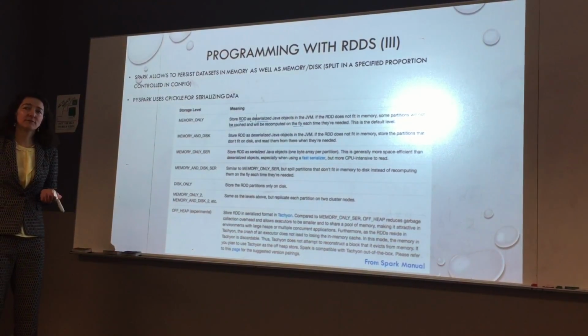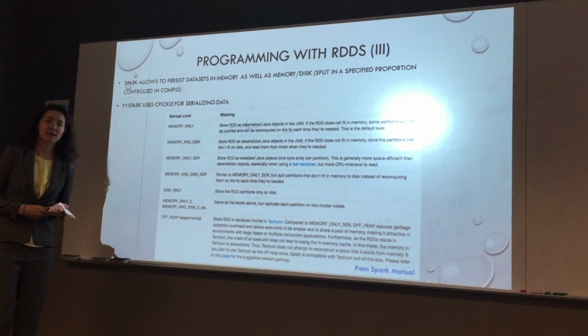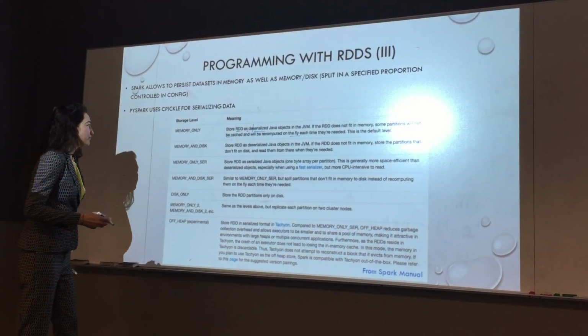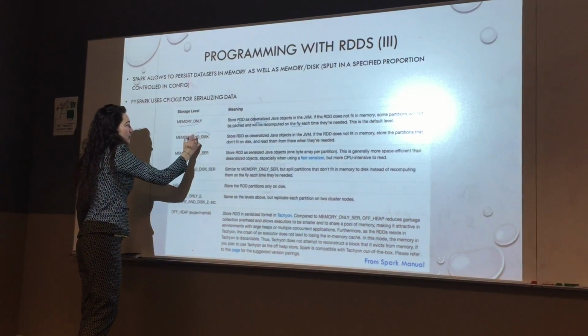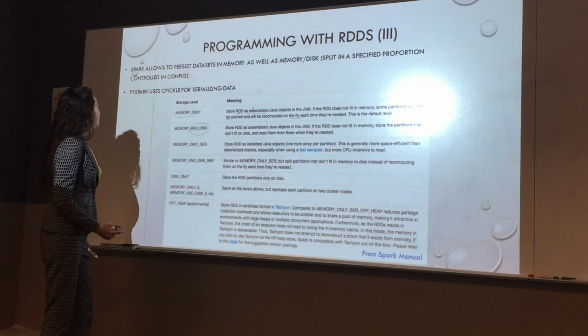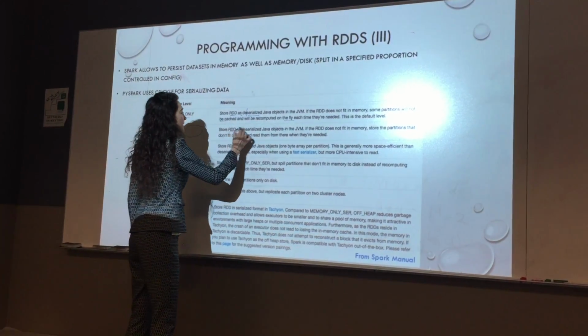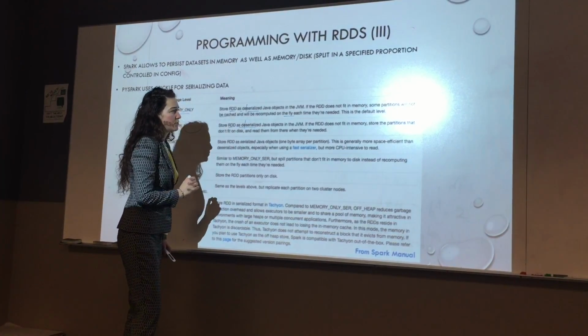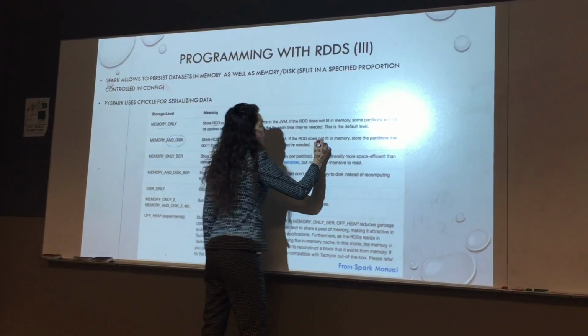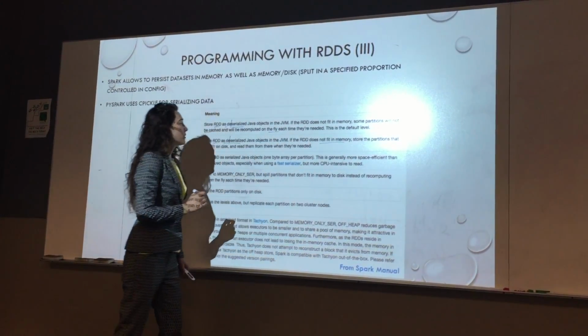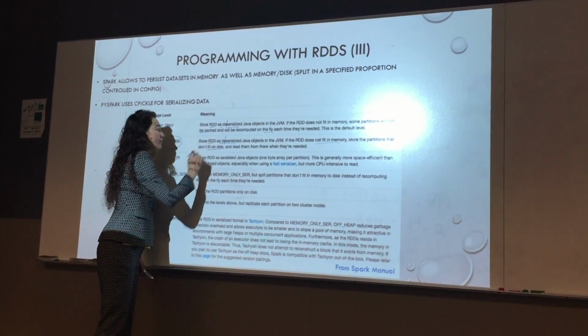There is a choice to store it on disk if it doesn't fit in main memory. Memory and disk is an option that says, again, deserialized Java objects. If it does not fit in memory, the rest of the partitions will be stored on the disk.